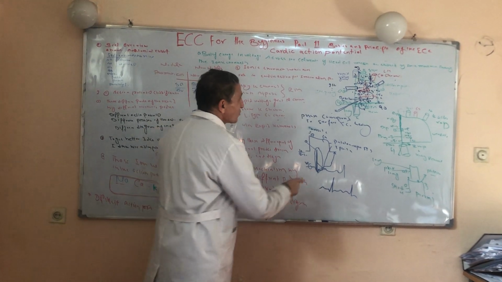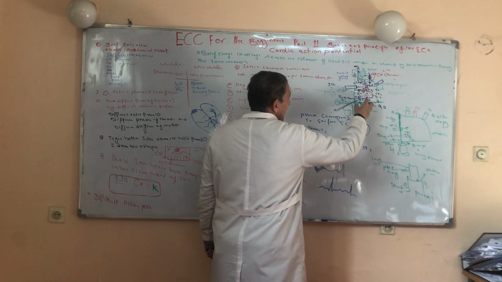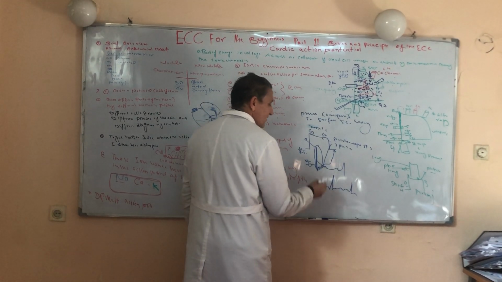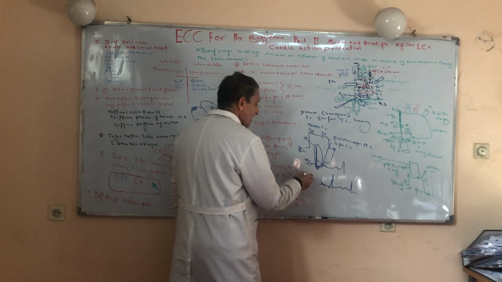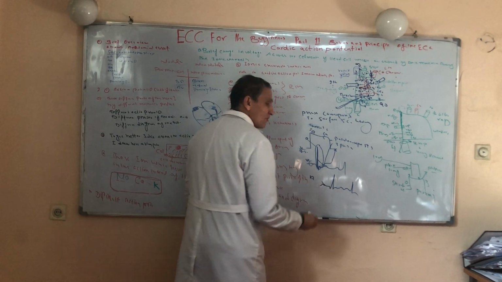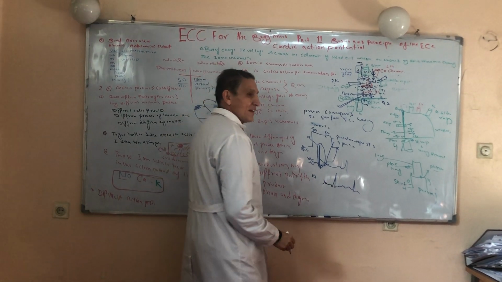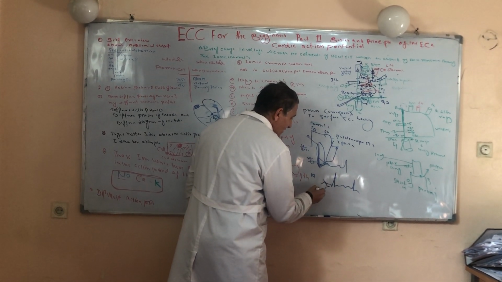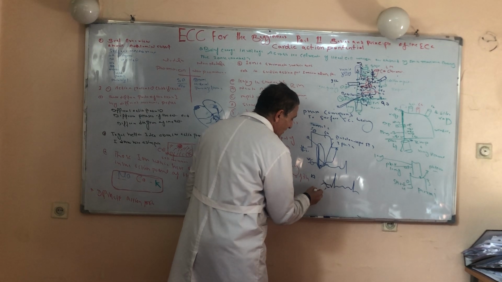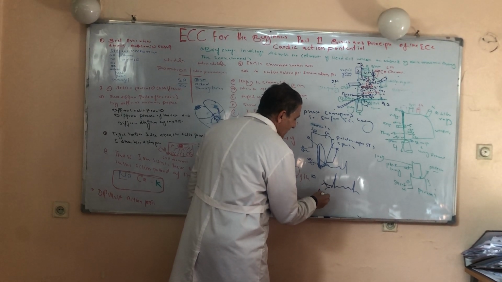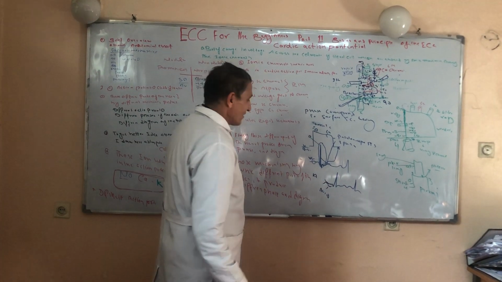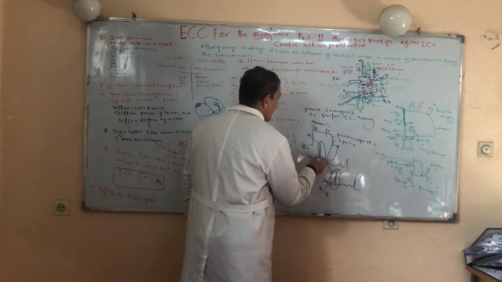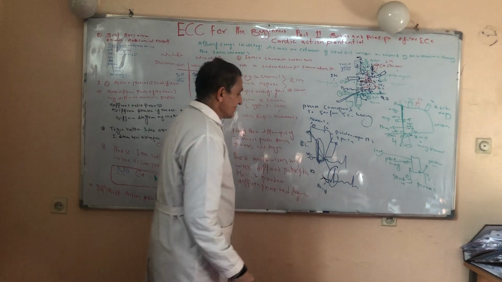How should I correlate this action potential to the surface ECG? This P wave reflects atrial depolarization. This PR interval represents the conduction velocity through the AV node. This PR segment represents AV nodal conduction delay. This QRS complex is represented by this phase.